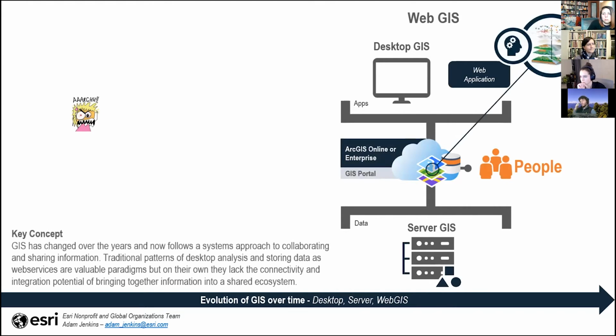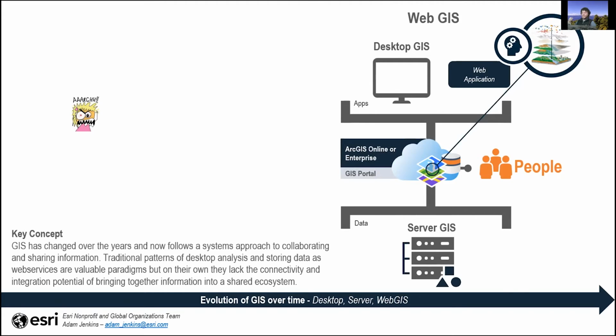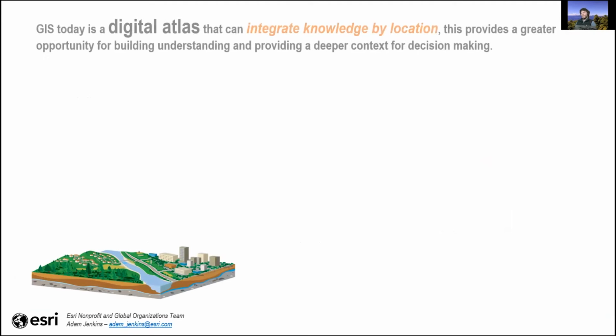The other concept that I talk about with people on a regular basis is to think about maps as more than just those dots. The conversation you have with your GIS professional is really to think about how GIS helps us integrate knowledge by location.